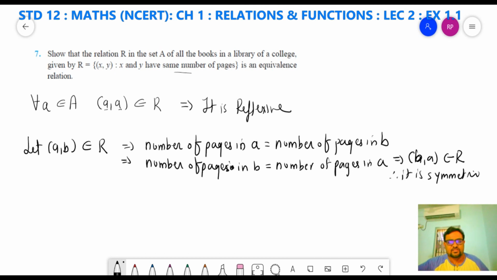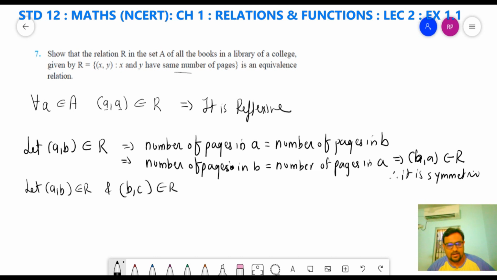Here we have put (a, b) belongs to R, that means (b, a) belongs to R, so it is symmetric. Now for transitive, I will take that (a, b) belongs to R and (b, c) belongs to R. Clear?